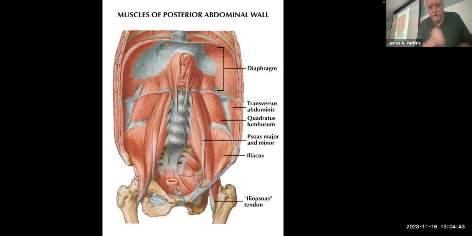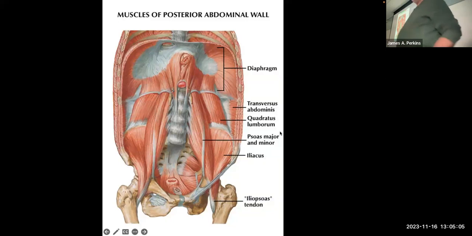All right, so the other muscle of the posterior abdominal wall is called the quadratus lumborum muscle. This muscle originates from the iliac crest and inserts on the transverse processes as well as ribs of some of the lower vertebrae and lower ribs.